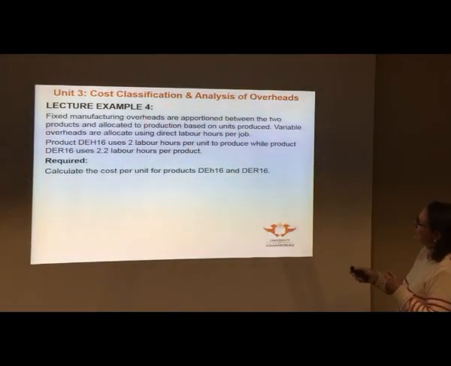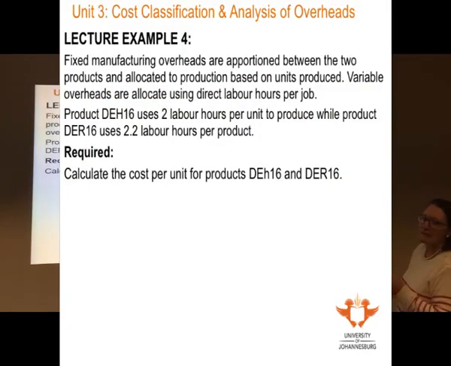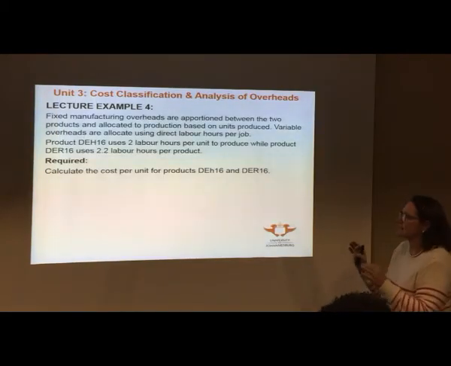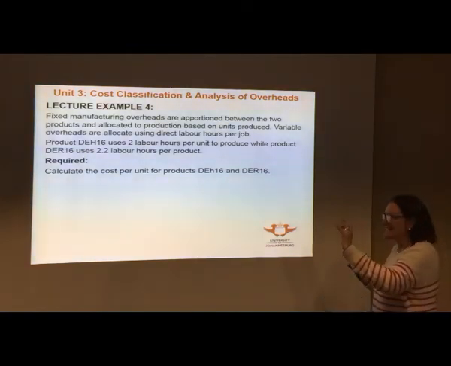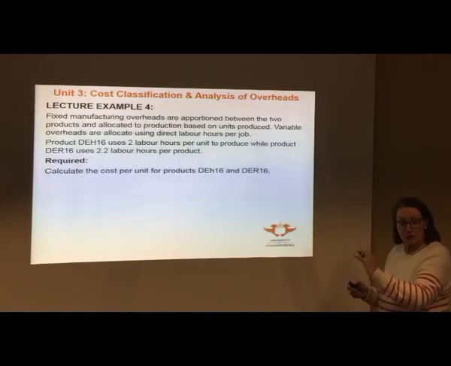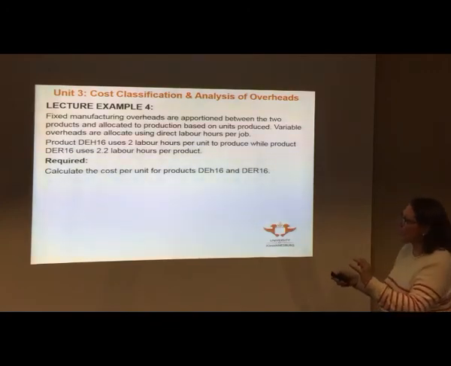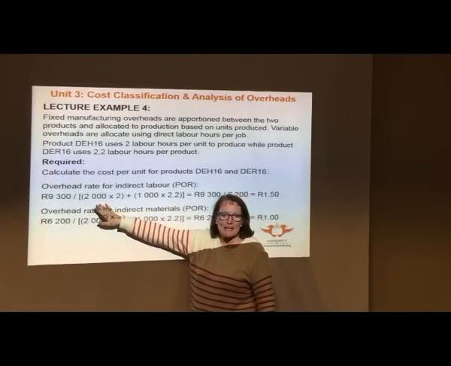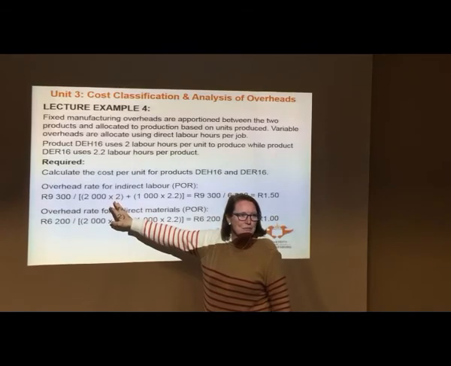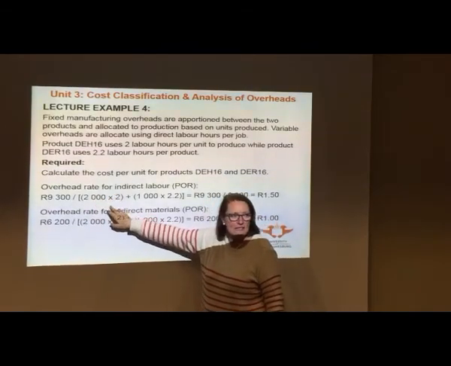Variable manufacturing overheads are allocated using direct labor hours. We know that we had 2,000 units of product DEH and 1,000 units of product DER. The labor hours for product DEH must be 2,000 products times 2 hours per product, which is 4,000 hours.